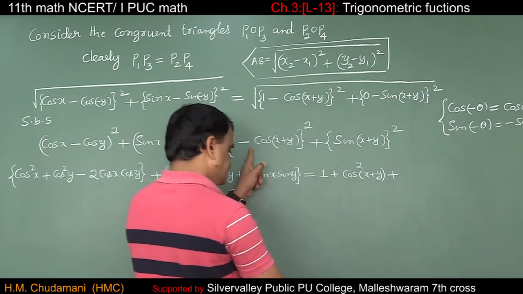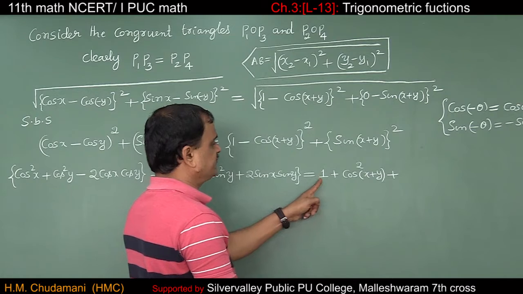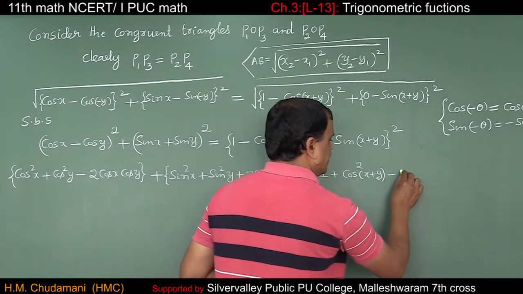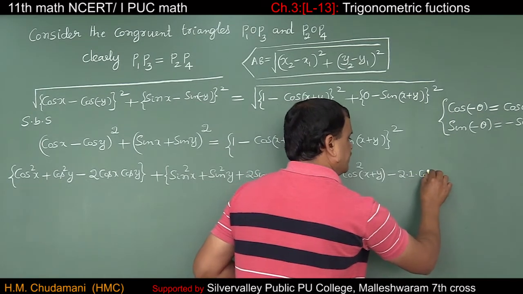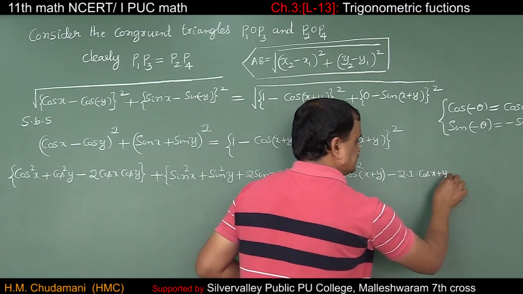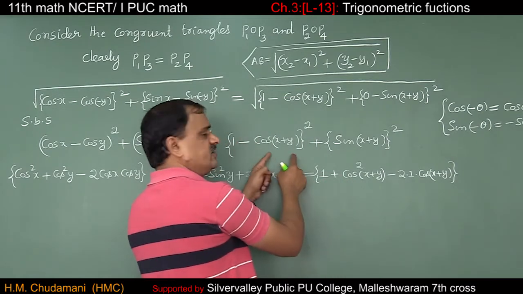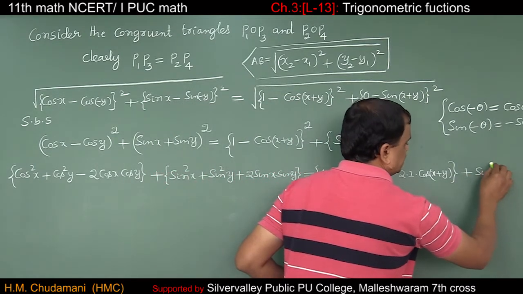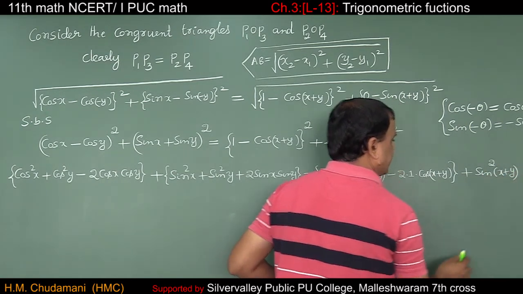Of course this is minus, a minus b whole square means a square plus b square minus 2ab, minus 2 into a is 1 into b is cos of x plus y. This is the expansion of a minus b whole square, plus sine square theta. Sine theta whole square means sine square theta we can write.